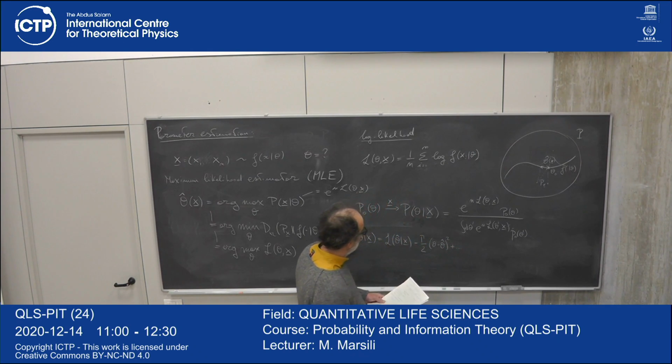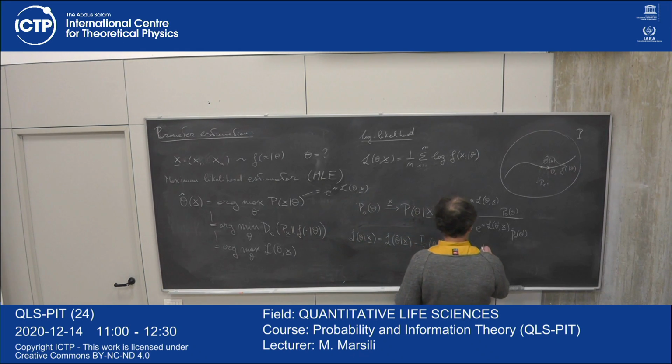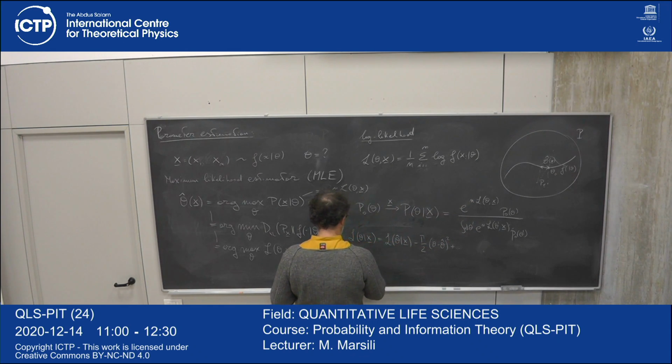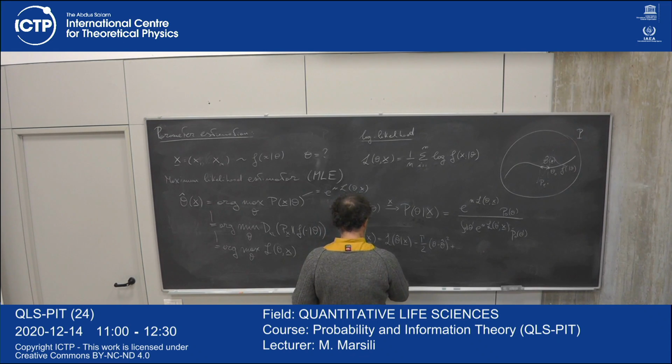Here gamma will be minus the second derivative of the log likelihood computed in theta hat of x.